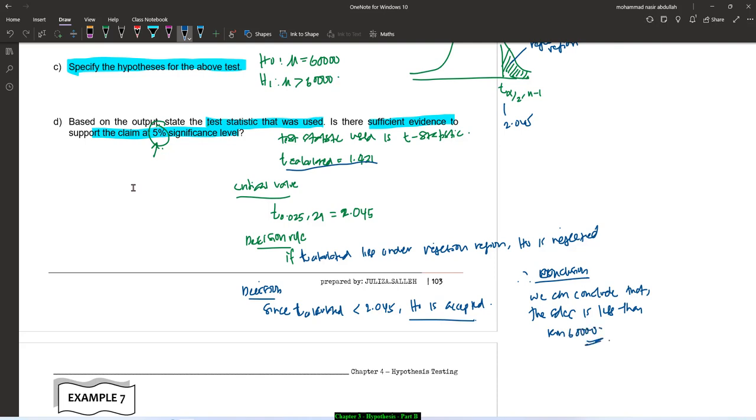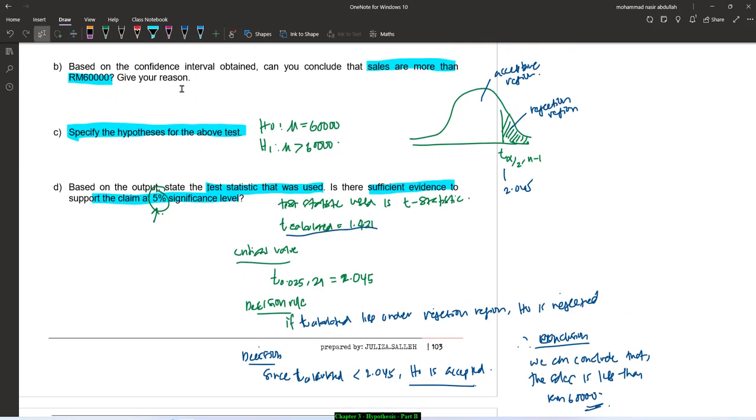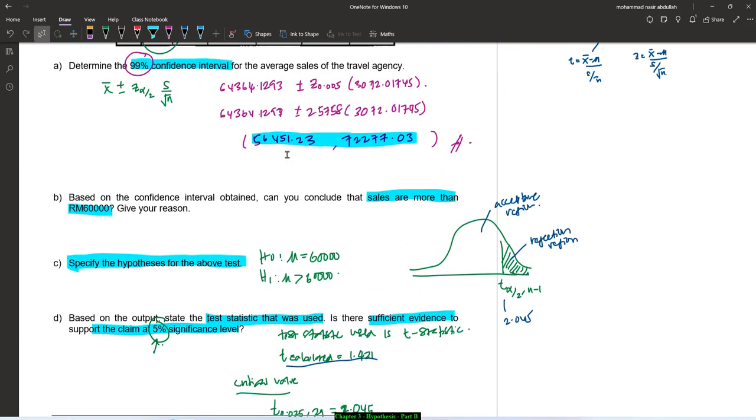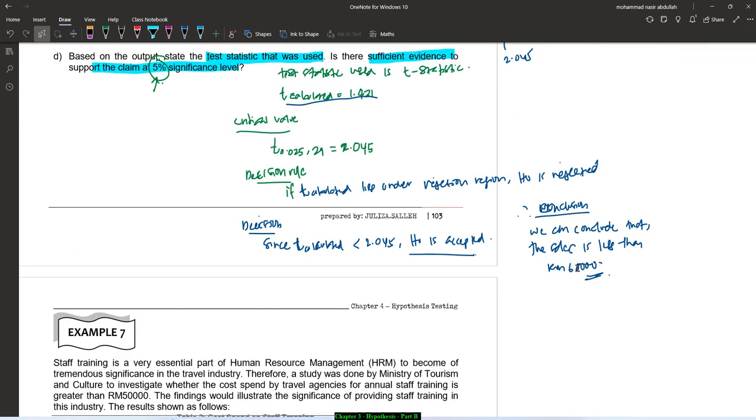Right. Based on the confidence interval tadi, it can be either more than 60,000 or less than 60,000, so here we confirm that our confidence interval says that the sales is less than 60,000. Okay, boleh?